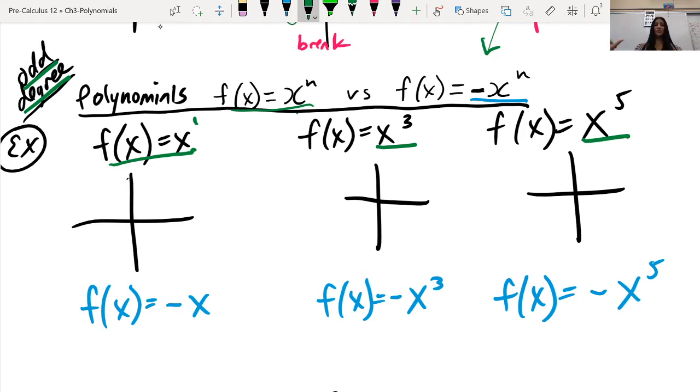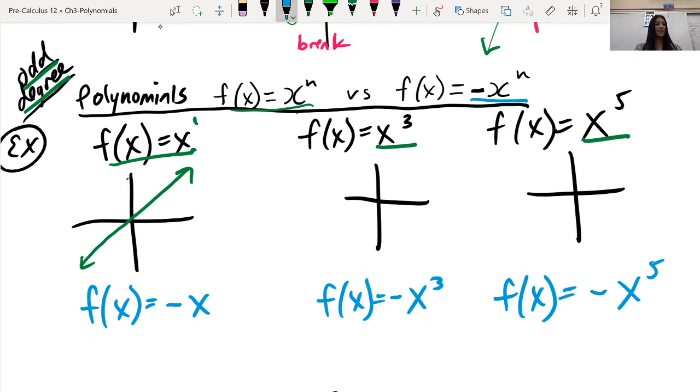I'm going to really roughly sketch out what these graphs look like, which you probably already know. If we have just f of x equals x, that would be a line that just goes diagonally through. Basically this is saying y equals x, so it makes sense that that's what our line looks like. But let's compare that with f of x equals negative x.